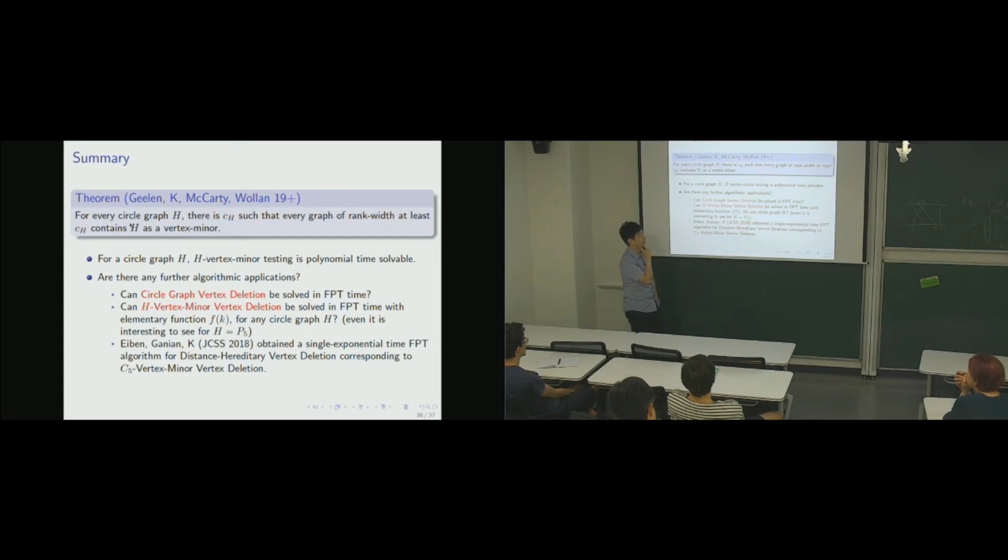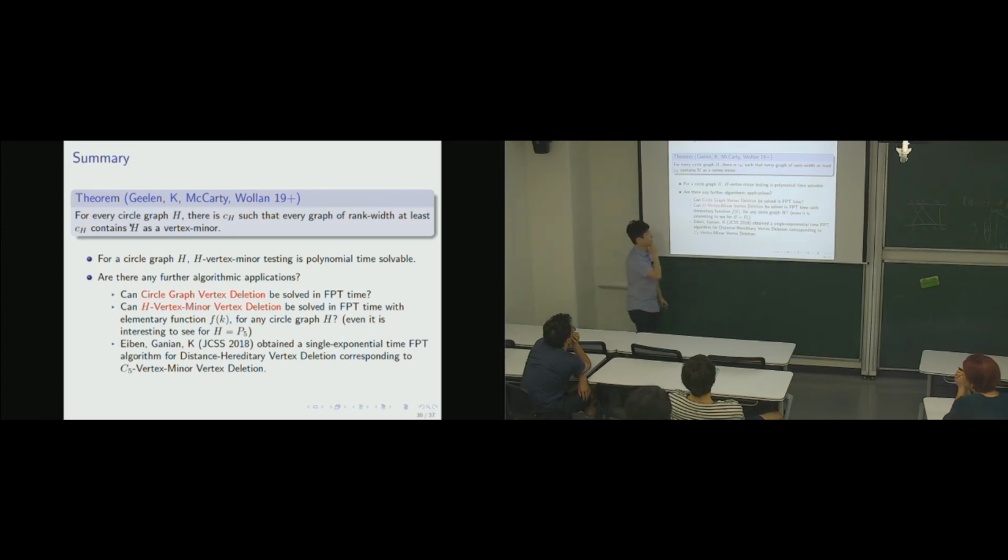You don't know whether this can be solved in FPT time. This corresponds to planar vertex deletion, right? In the planar vertex deletion problem, you really use the grid theorem, and then you find the irrelevant vertex to reduce the tree-width. So can you do some similar kind of thing here?